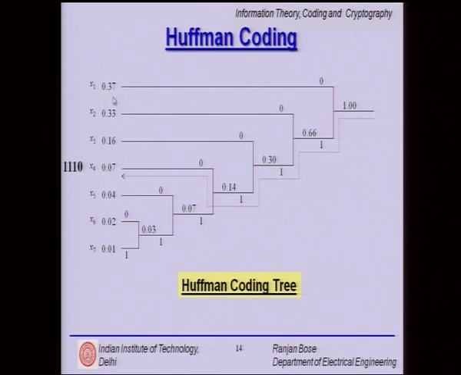Please note, the higher the probability, the fewer bifurcations it has to go through. The most probable symbol x1 just goes through one bifurcation, so it just gets the number 0, but this one probably had to go through 3 bifurcations. As we go down the ladder, we have to carry on through more steps, and consequently I will have a larger representation for less probable symbols.